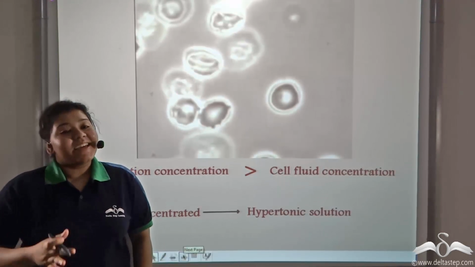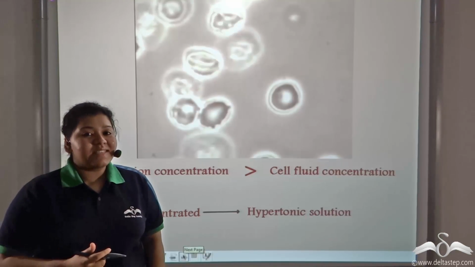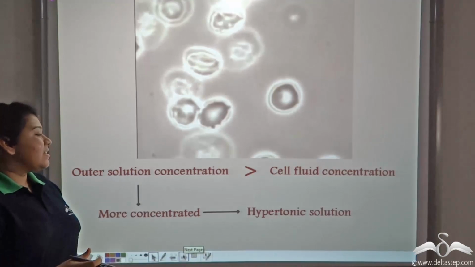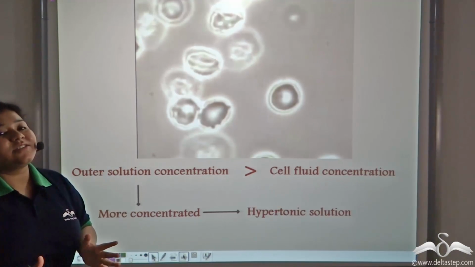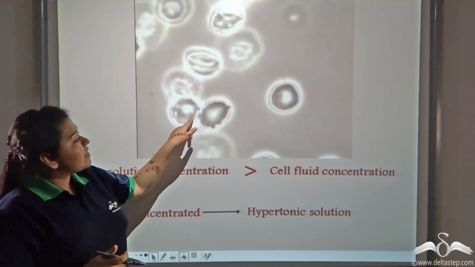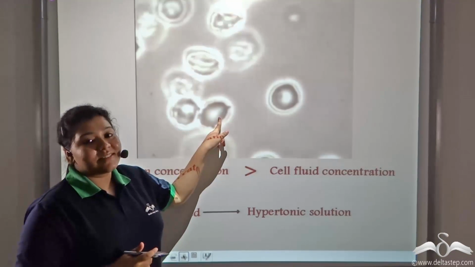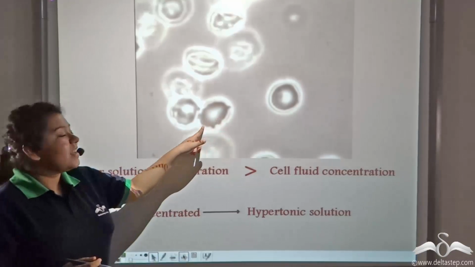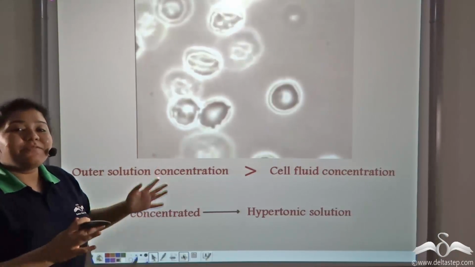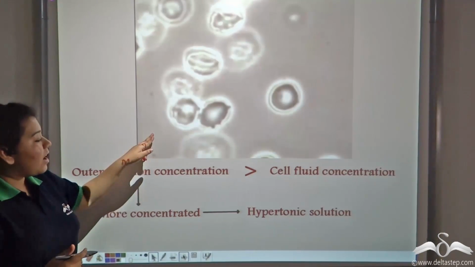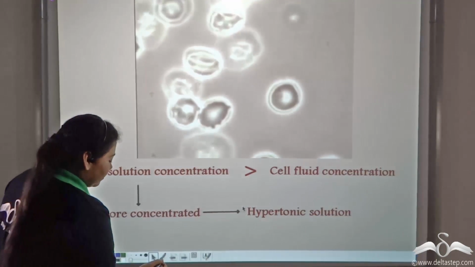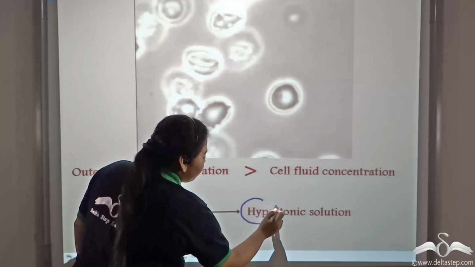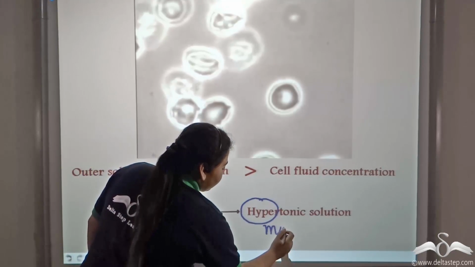And finally, the third type of osmosis is when cells are kept in a solution which has a higher concentration than that of the cell fluid concentration. In this condition, the outer solution in which the cells are kept is known as the hypertonic solution, where hyper means more.